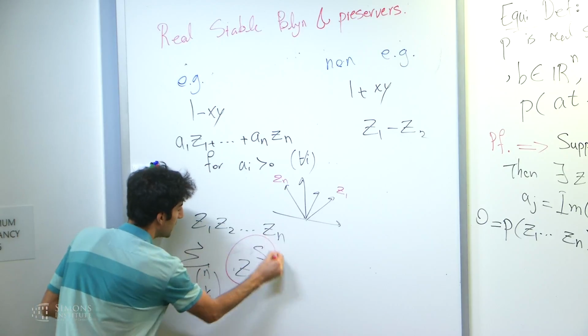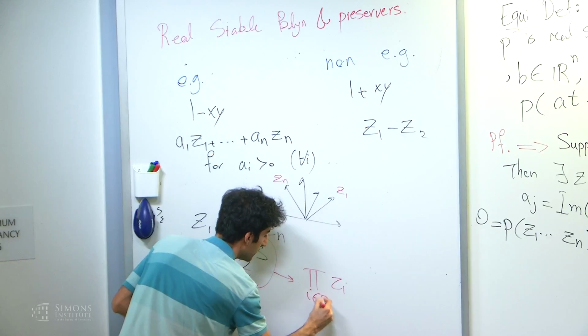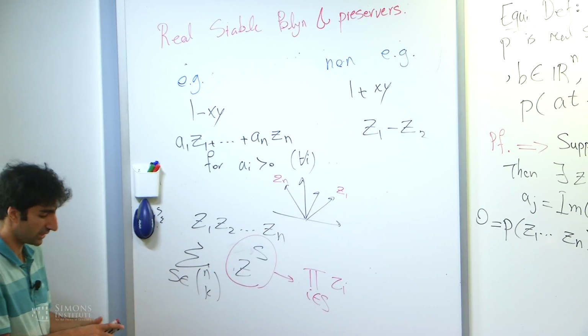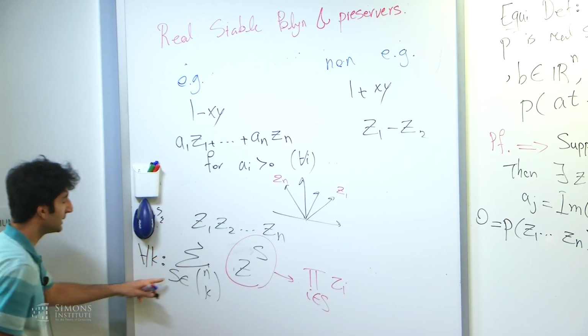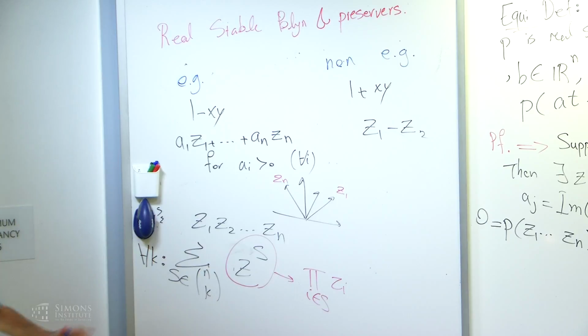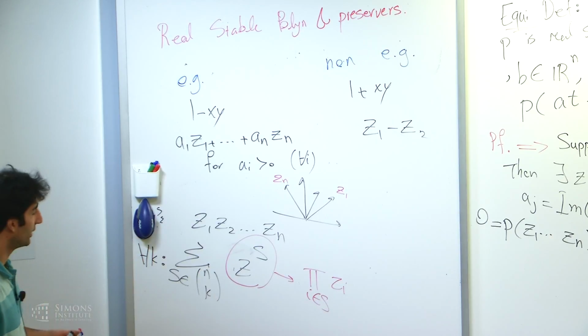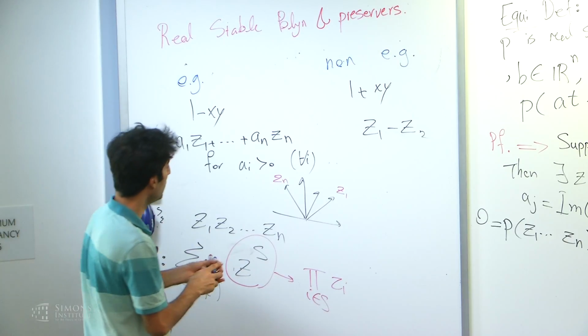Whenever I write z to the S, I mean the product of zi for i in S. This is called the kth elementary symmetric polynomial. For every k, it turns out that this polynomial is real stable. I'm not going to prove this now. This is one of the exercises. We'll talk about it after this lecture. But this is another example. Good.